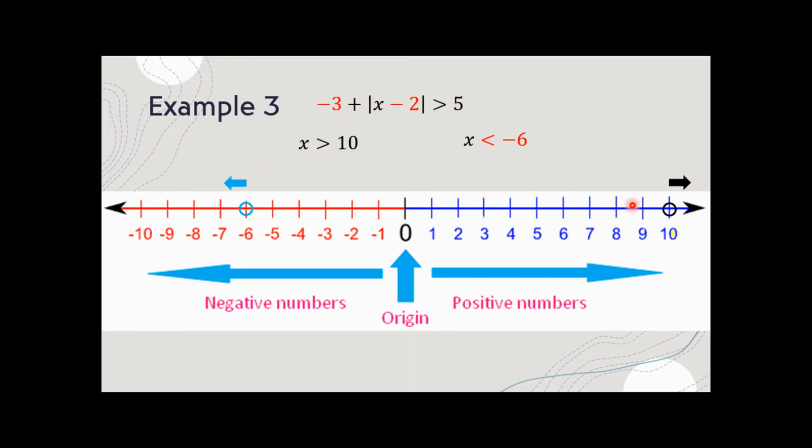And this one wants to go off in that direction. So the arrow pointing this way, the arrow pointing this way. So fill it in, good to go. So negative 7 will work, 11 will work, etc. All right. Pretty straightforward, pretty easy to follow.